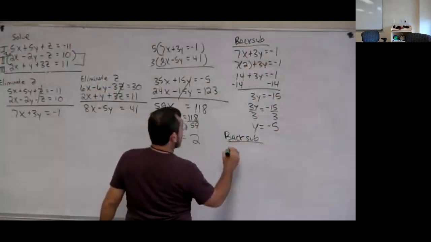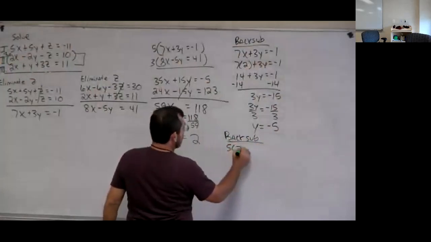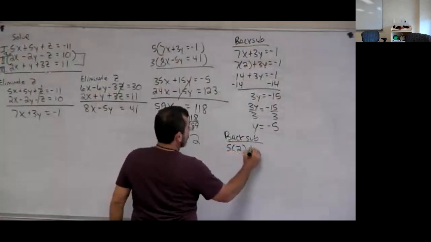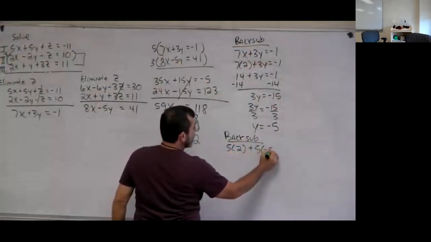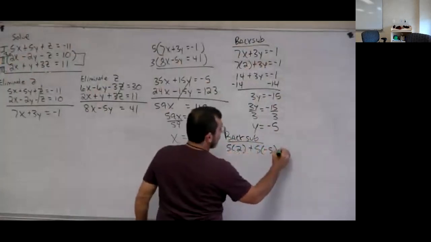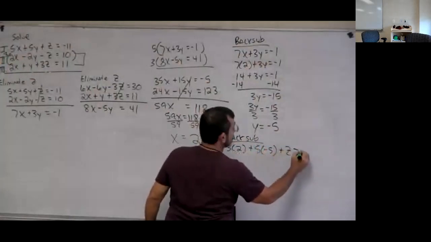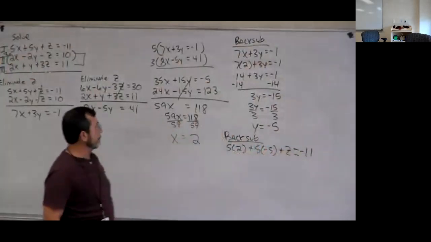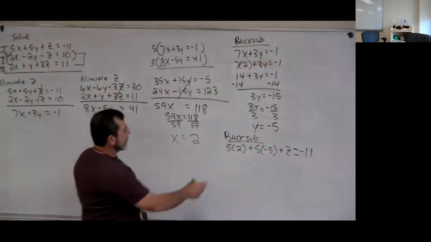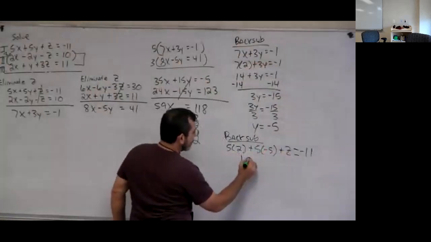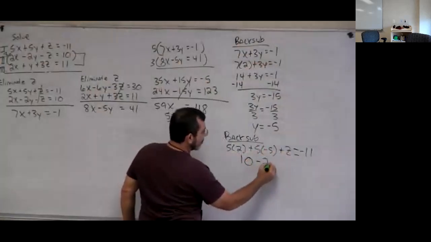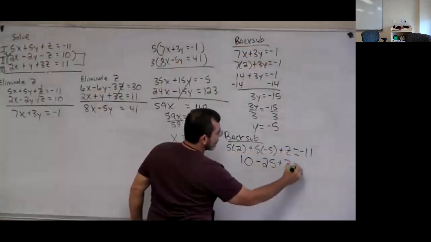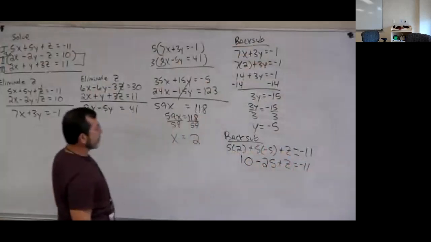So I get 5 times x, which is 5 times 2, plus 5 times y, which is negative 5, plus z equals negative 11. So let's see what we get. We get 10 here. 5 and negative 5 is a negative 25, plus z equals negative 11.